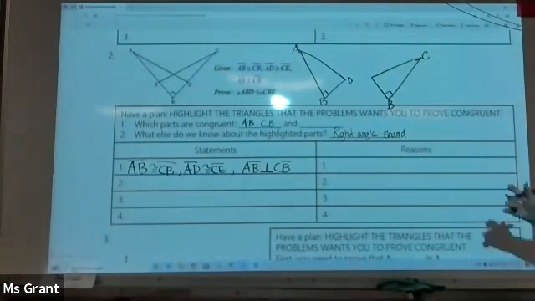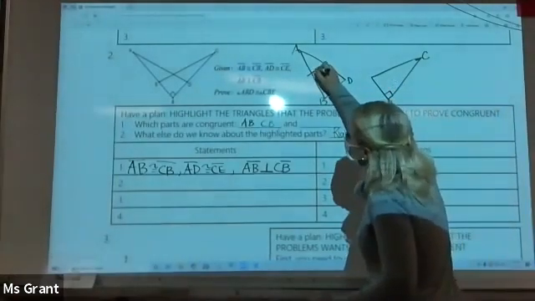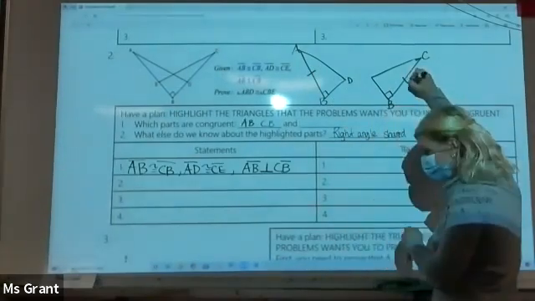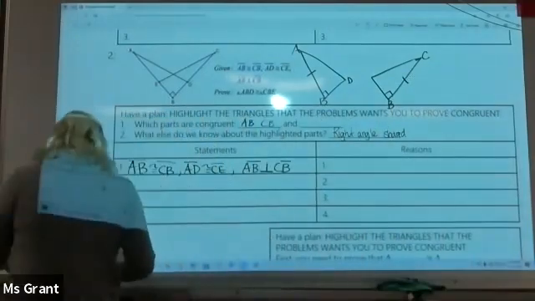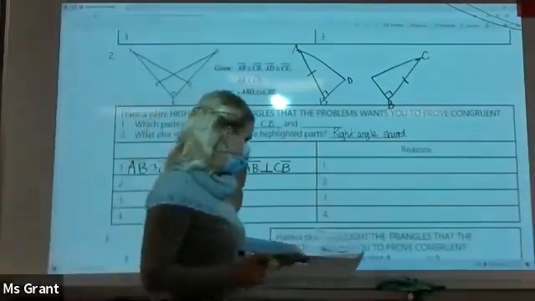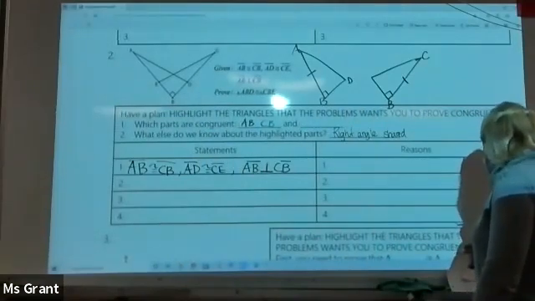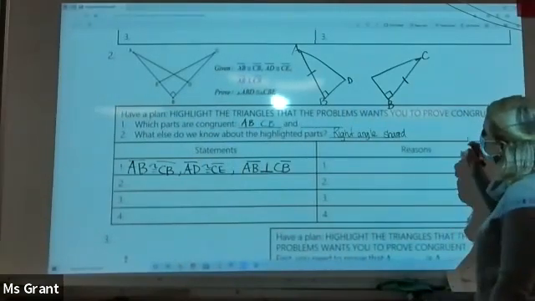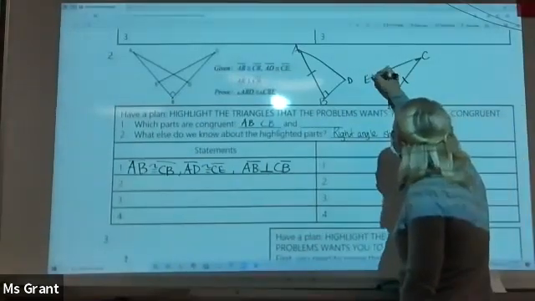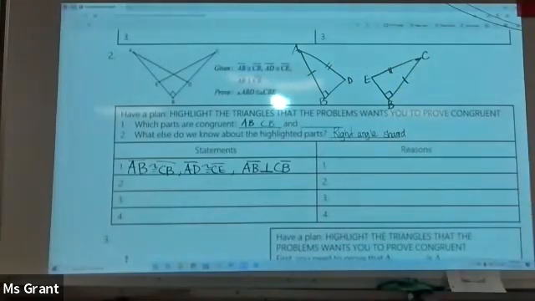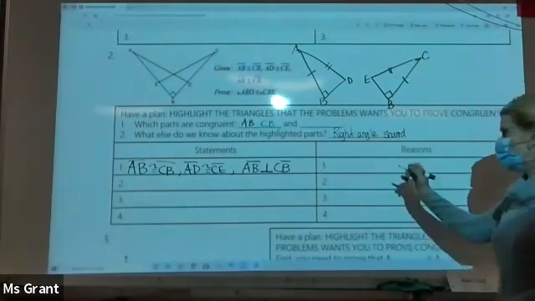If AB, mark it up. If AB is congruent to BC, marked it. AD is congruent to CE. Right? All right. Oh, given.